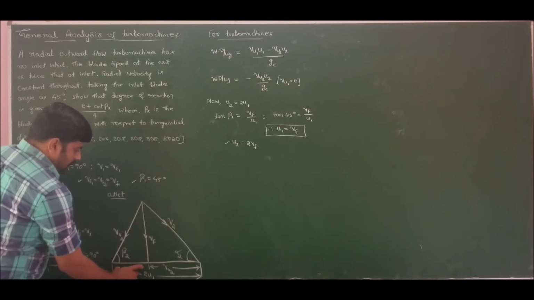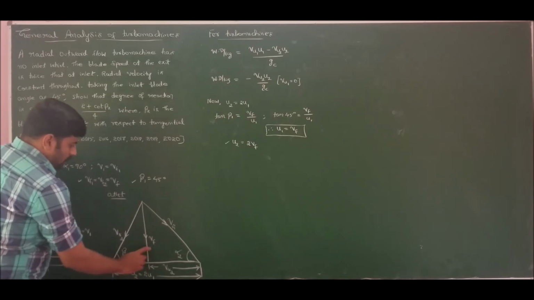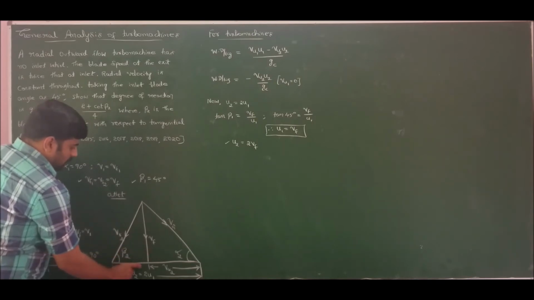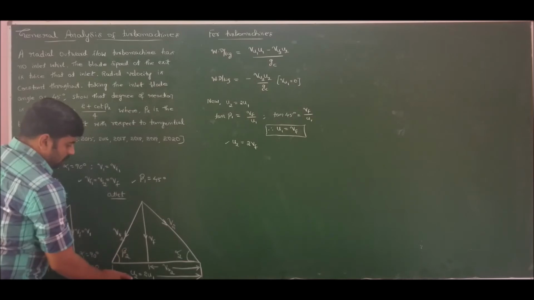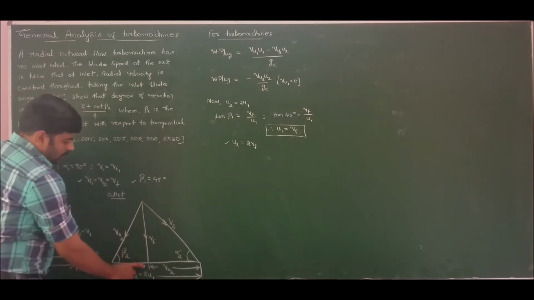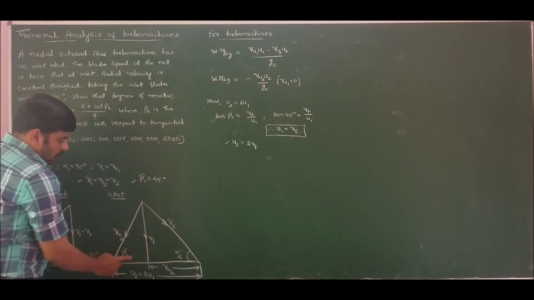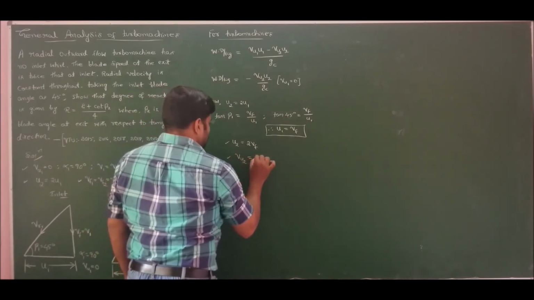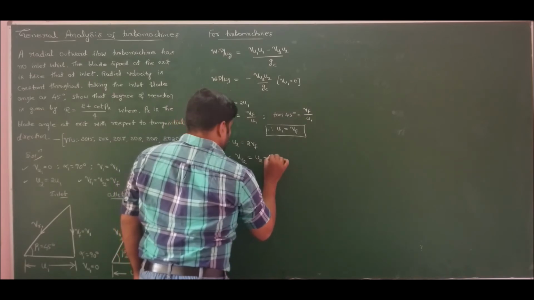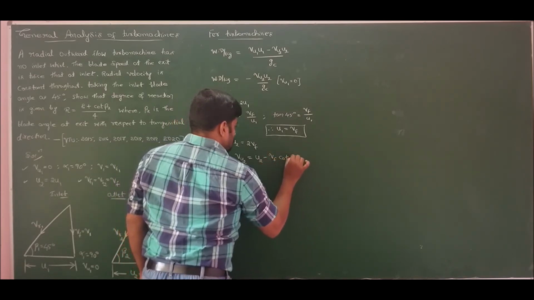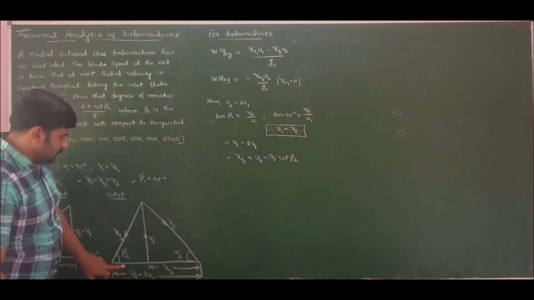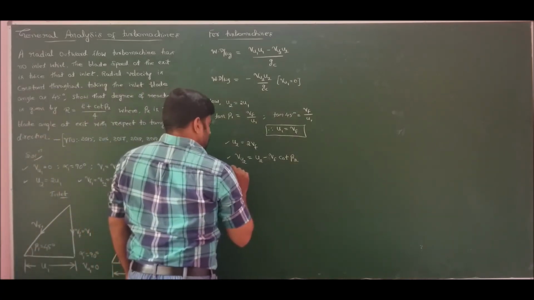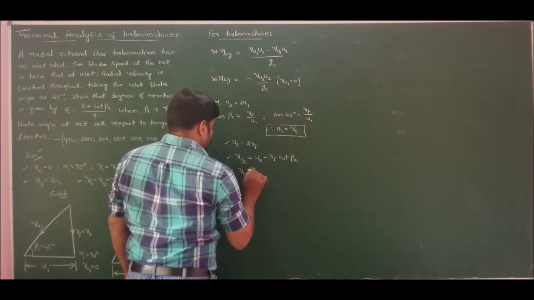Let us take this component as x, and x will become Vf cot β2, because cot β is adjacent by opposite, so adjacent is equal to opposite times cot β2. Therefore Vu2 can be written as U2 minus Vf cot β2.